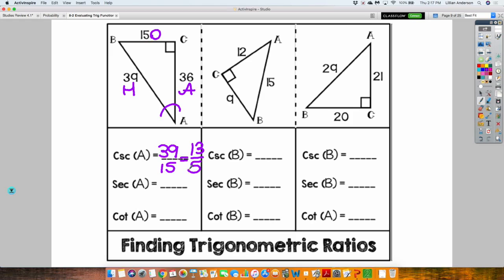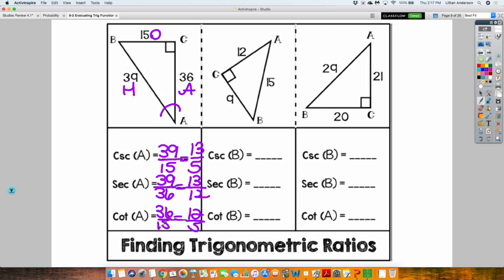Secant is going to be what? 13 over 12? Yes, because originally it was 39 over 36. And then cotangent? 12 over 5, because it was originally 36 over 15. Good stuff. Make sure that you reduce. Make sure you reduce. Let's do it based off of B.